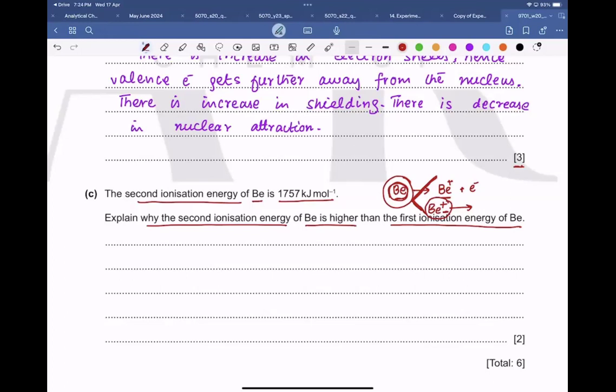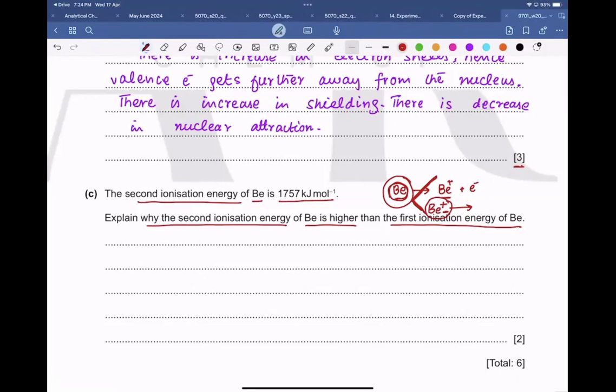And due to this charge, the size also gets smaller. That's what we have studied in periodicity, that cations always have a smaller size than the atom. When the size is smaller, the remaining valence shell electrons get closer to the nucleus, which means stronger forces of attraction. So we need higher energy to release the electron from the cation.